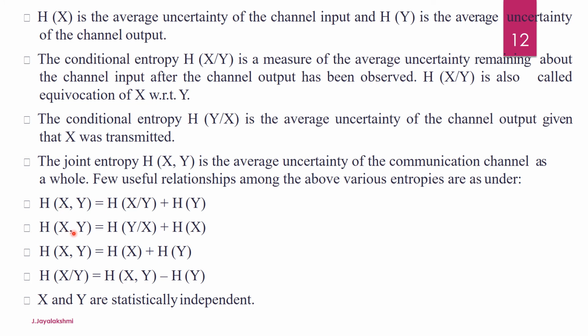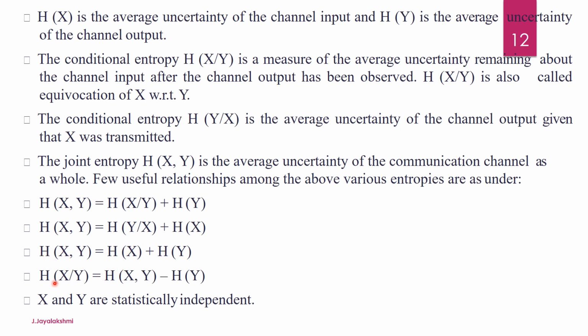Joint entropy H of x comma y is equal to the conditional entropy, the average uncertainty remaining, H of x by y plus H of y, or it can be H of y by x plus H of x, or it is the sum of the individual entropies. So it can be H of x comma y is H of x plus H of y.